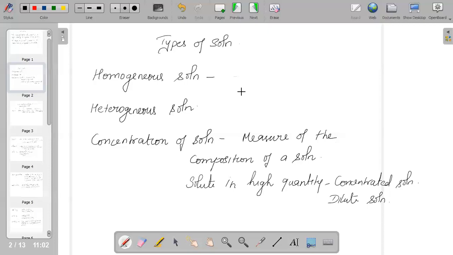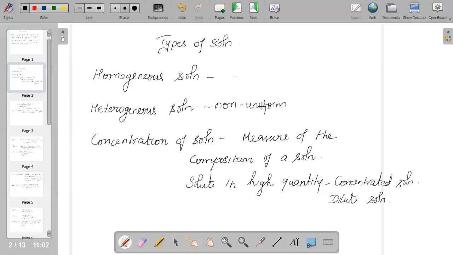The heterogeneous solution is a solution with non-uniform composition and properties throughout the solution. For example, a solution of water and sand, or a solution of oil and water.